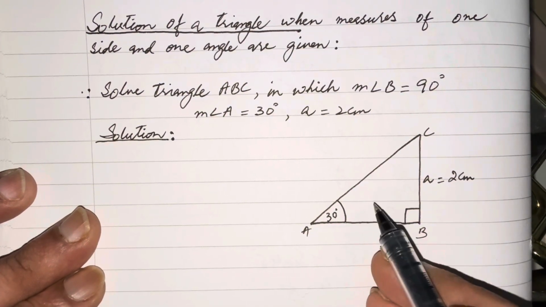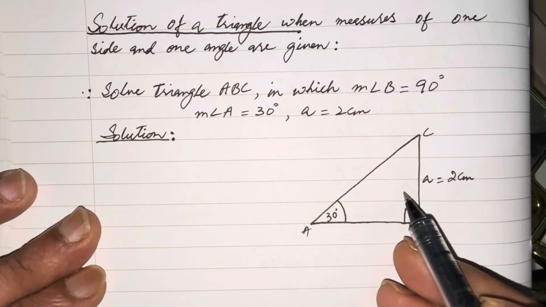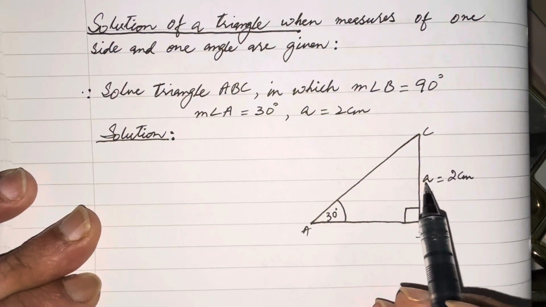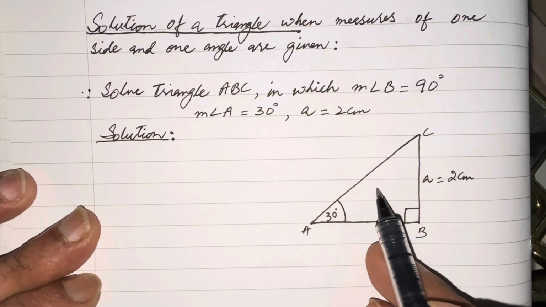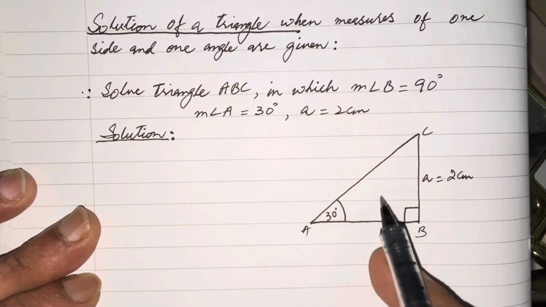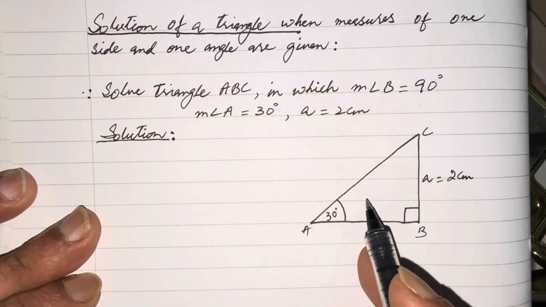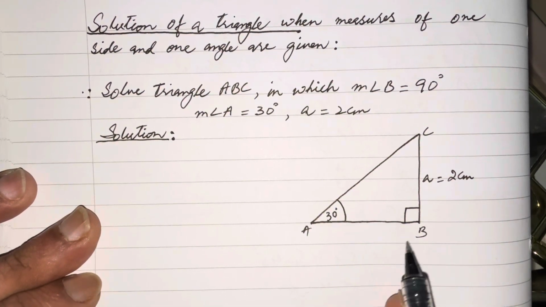These two things are given, and we have to solve the triangle to find the other sides and other angles of the right angle triangle.